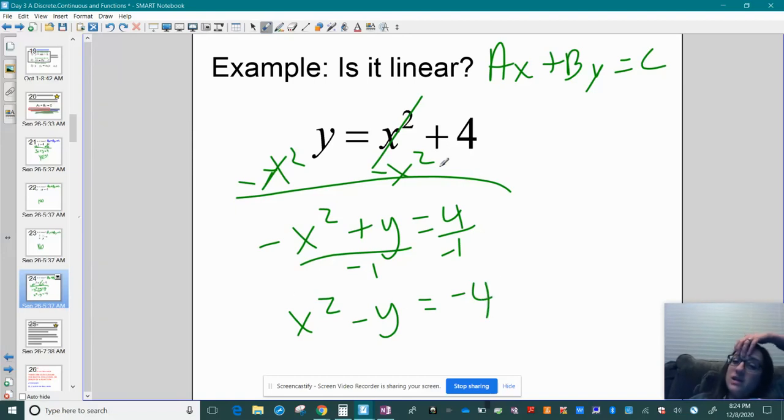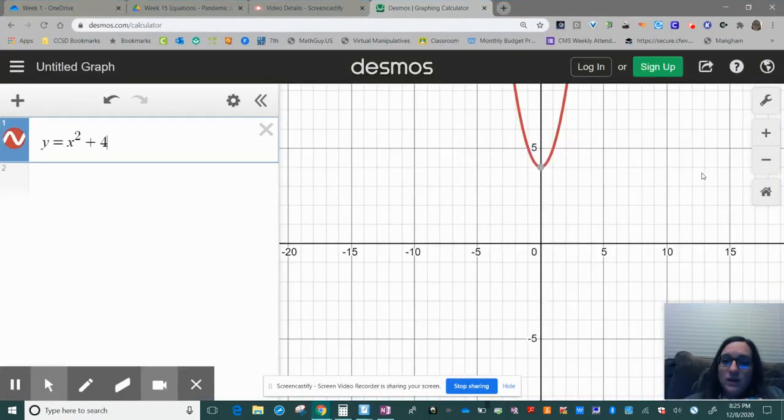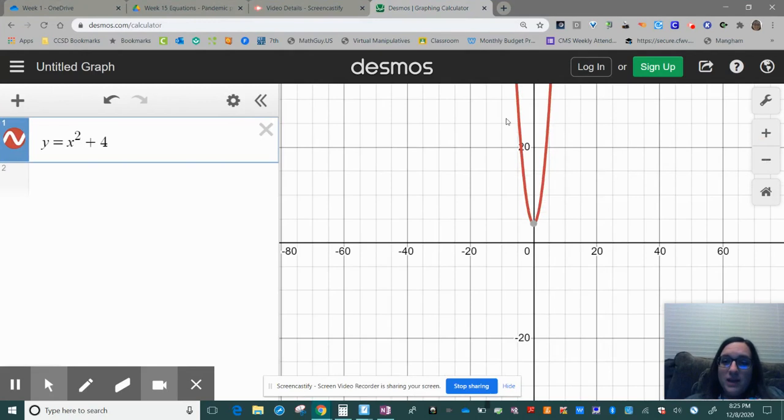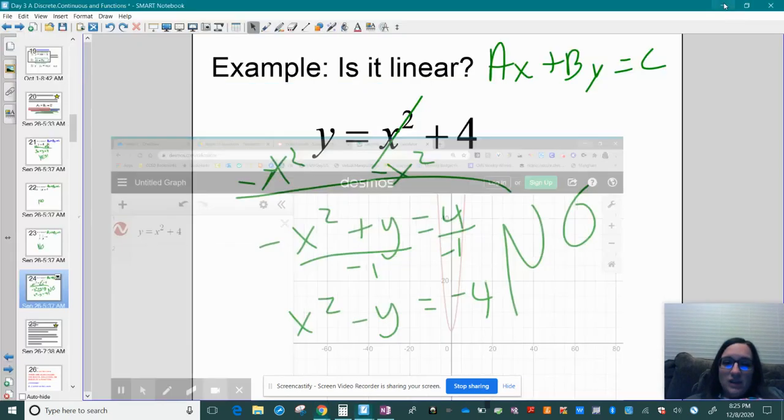But that squared isn't in this formula. It's not going to work, so this one's a no. We could get closer than those other two, but that's not going to work. Let's see what that looks like. Oh, look. That would be a parabola, a negative quadratic. So that is a quadratic function, not linear.